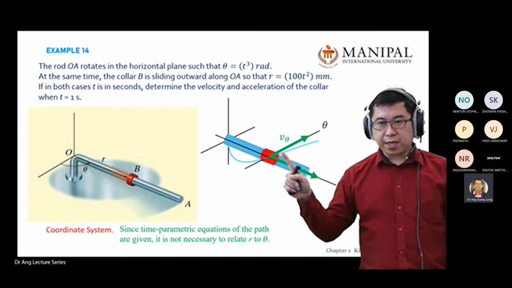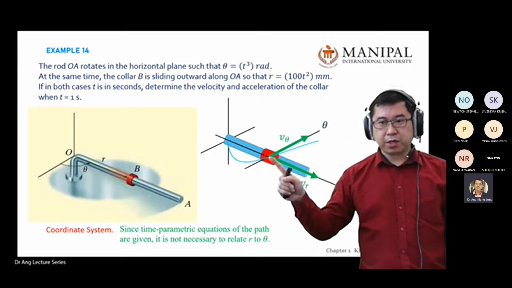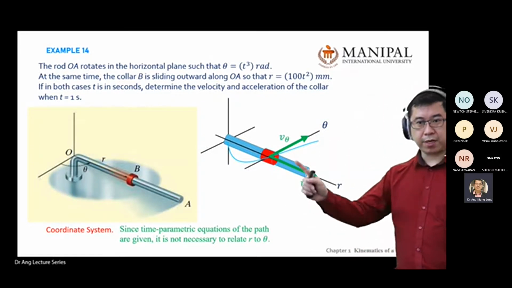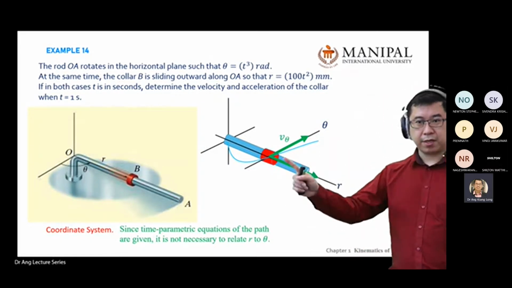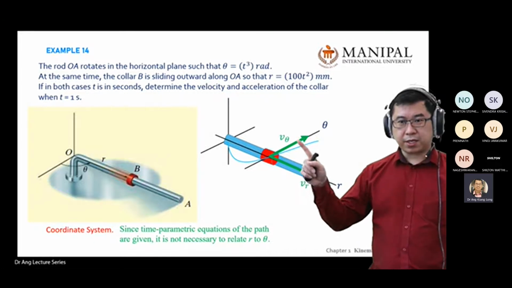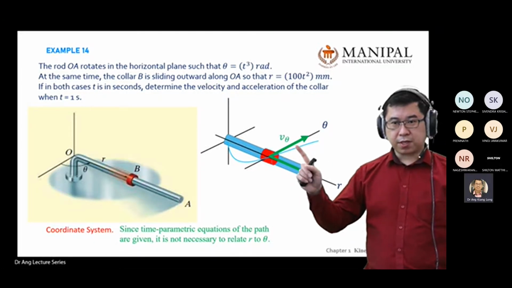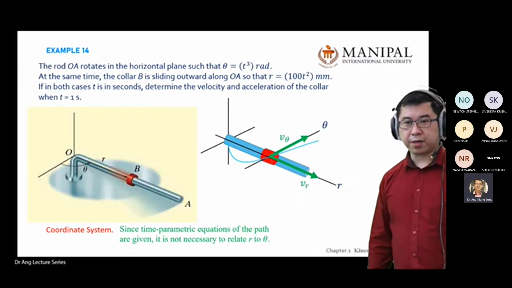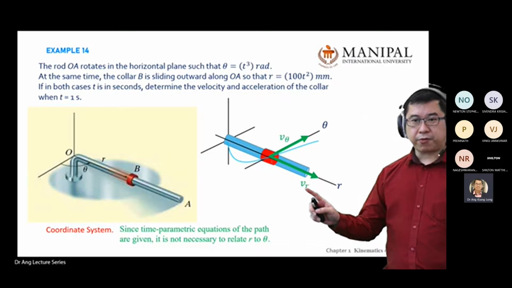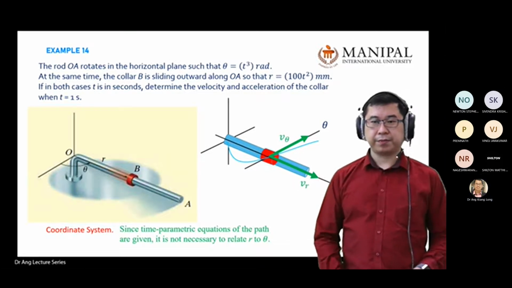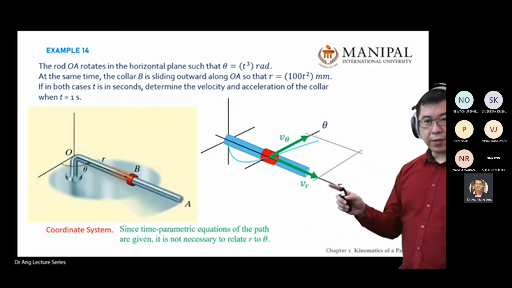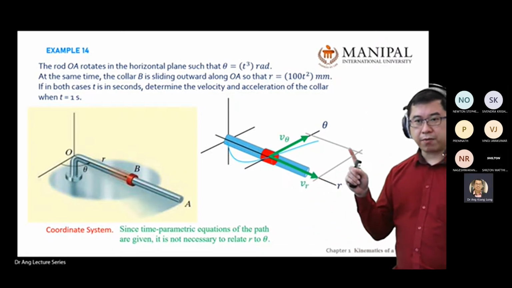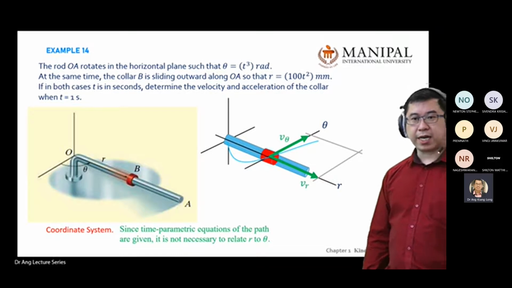Again, the V theta in this diagram at that particular point is tangent to the path. As this one moves along, the direction will be different because the velocity is always tangent to that particular point. So you have your VR and V theta. I know that I can draw the resultant of my velocity with a vector diagram.